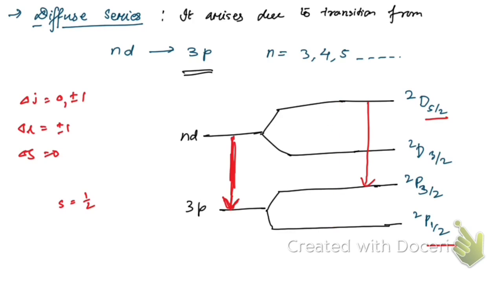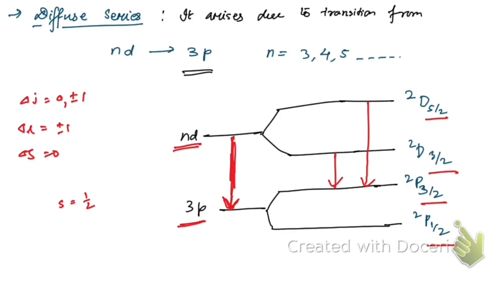So now let's check the transition from this one to this one. Here you see 3/2 minus 3/2, so ΔJ is 0, which is allowed. Then in the case of L, the value of L in P is 1, and the value of L in D is 2. If you find the difference of 2 and 1, that is 1, so this transition is allowed.